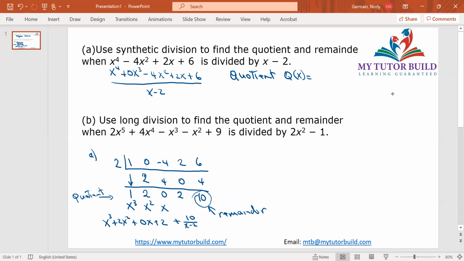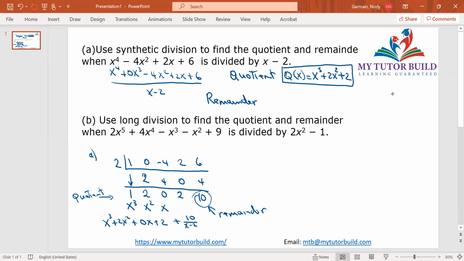So q of x here would be x cubed plus 2x squared plus 2. We don't need to put the 0x, because if you have one term missing, that means the coefficient of that term is 0. Now, what is the remainder? Because they ask us also to find the remainder.